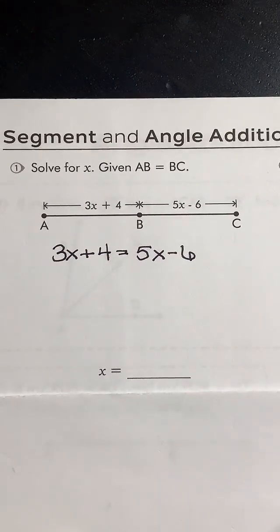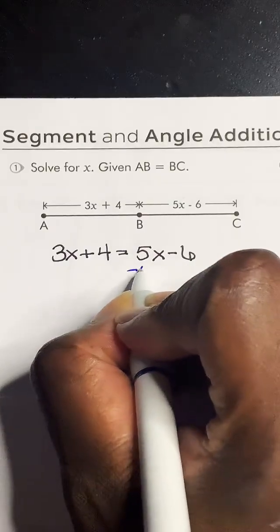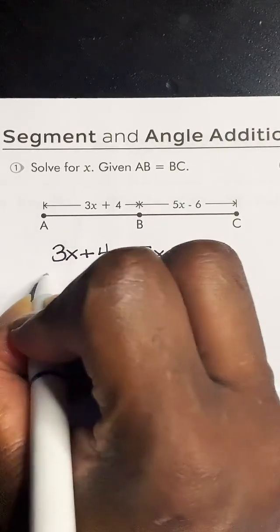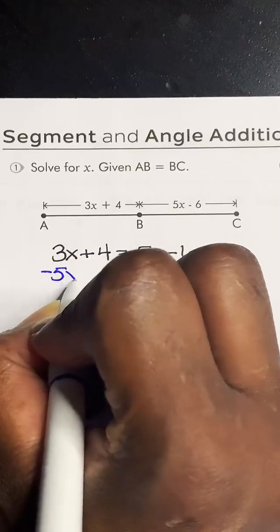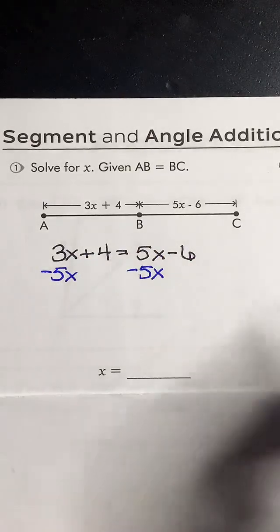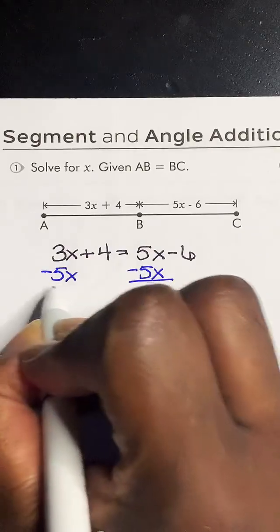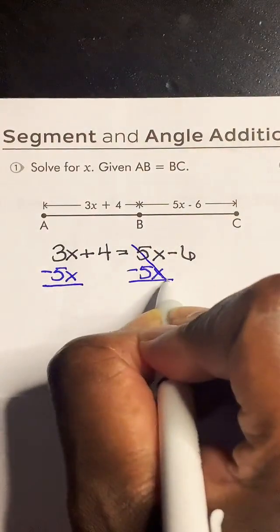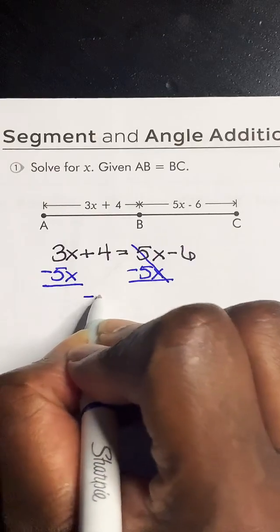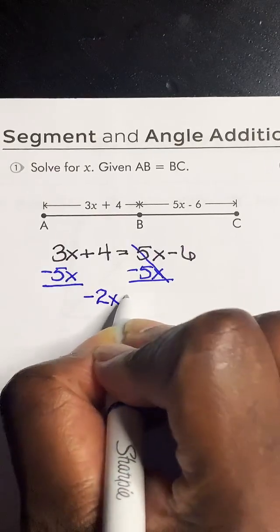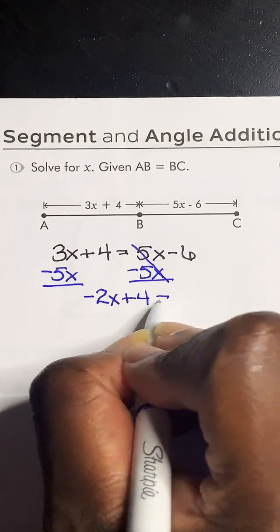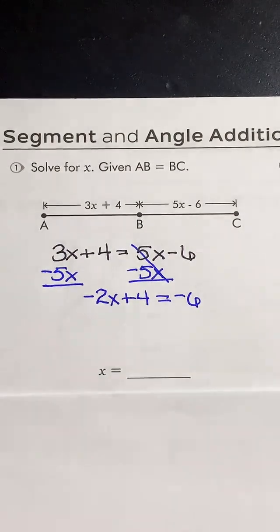Okay. All right. So, if you want, we can subtract the 5x on both sides. When we subtract the 5x on both sides, we will get negative 2x plus 4 is equal to negative 6.